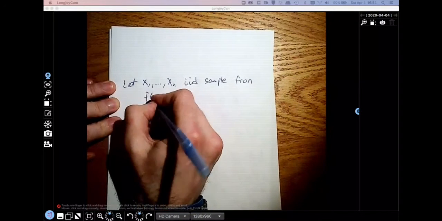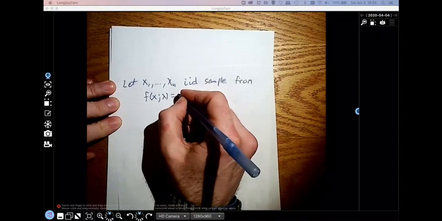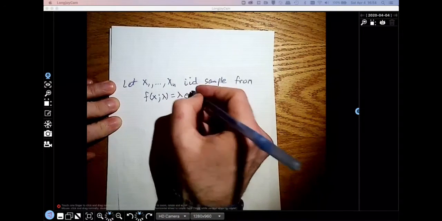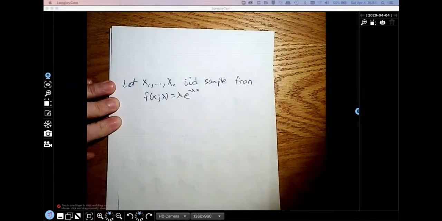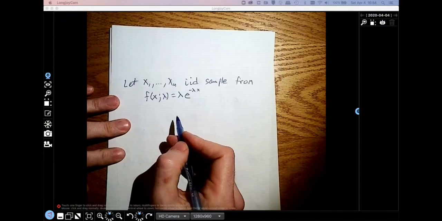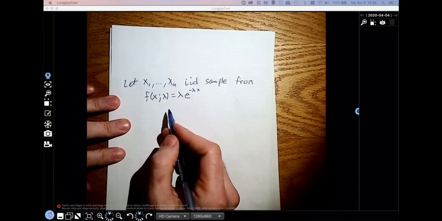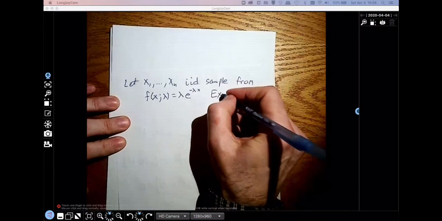So f at x given lambda is just lambda times e to the negative lambda x. And so the question is, what is the maximum likelihood estimator of the exponential distribution? So this is exponential.